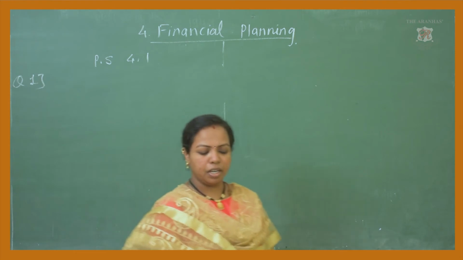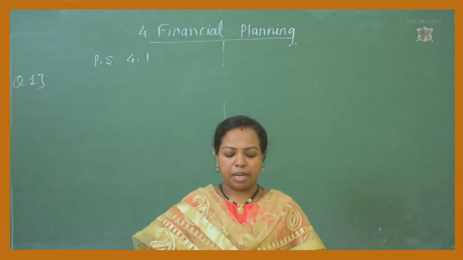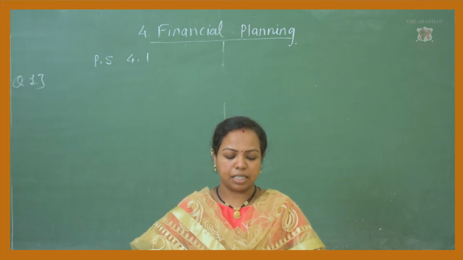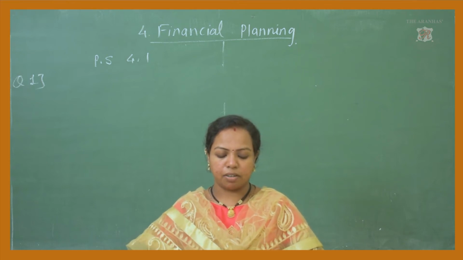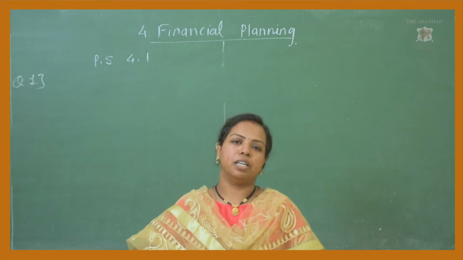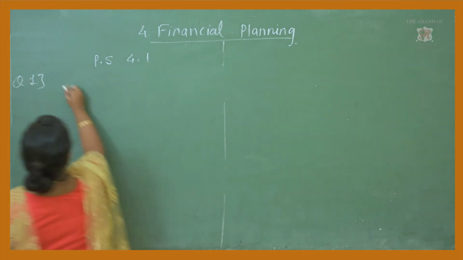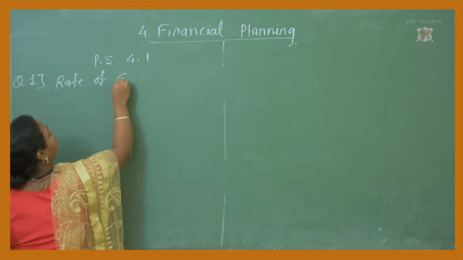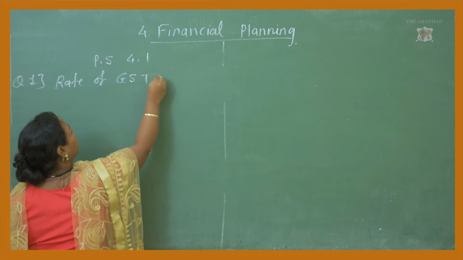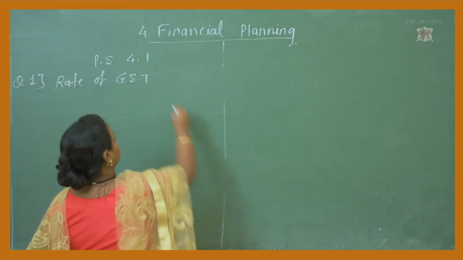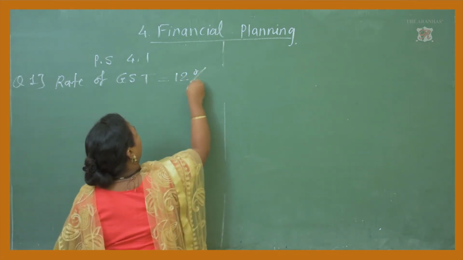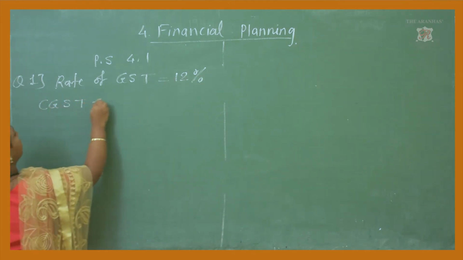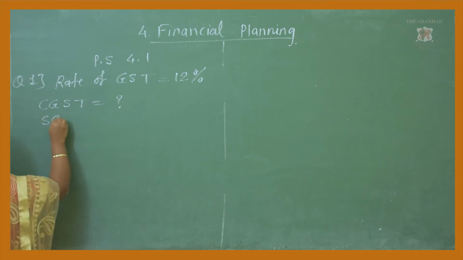In that first question, it is mentioned that Pawan Medical supplies medicines. On some medicines, the rate of GST is 12%. Then what is the rate of CGST and SGST? So what are they giving? The rate of GST is 12%. And what do we want to calculate? It is CGST and SGST.